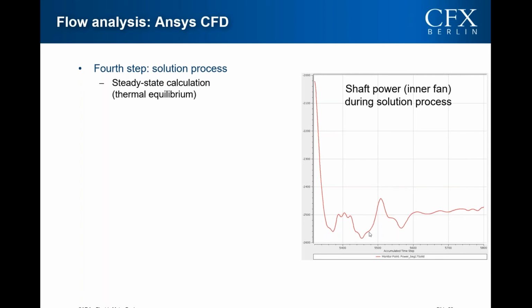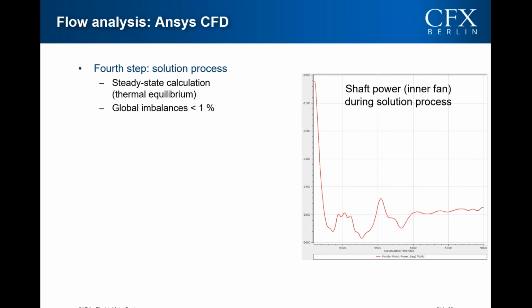For an electric motor cooling simulation, that are, of course, temperatures, but also shaft power, as shown here. The solution showed some small fluctuations due to detached flow areas and moving eddies, but basically we arrived at a steady state result.